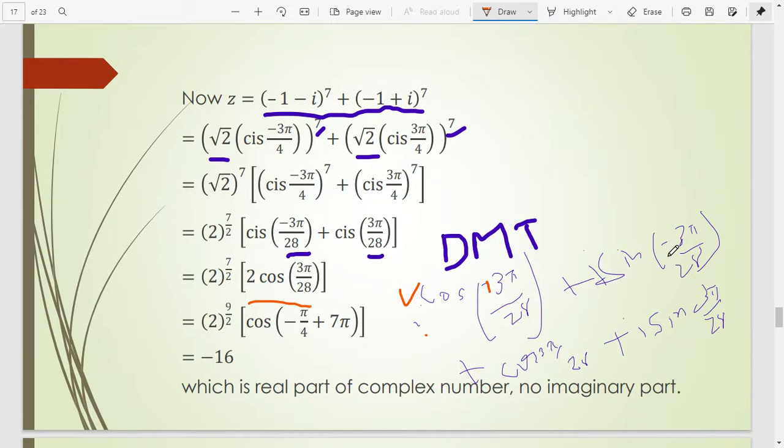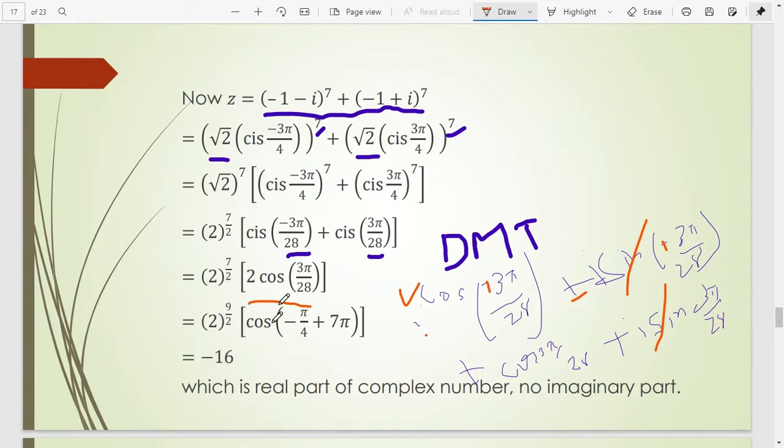But sin is an odd function, so the minus 3 pi by 28 term is negative and this is positive, so they cancel out. So we get 2 cos 3 pi by 28, and simplifying this we get cos minus pi by 4 plus 7 pi.